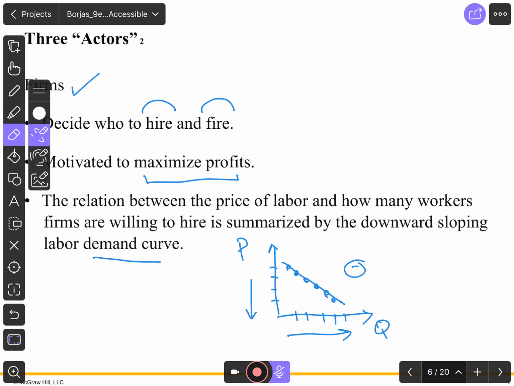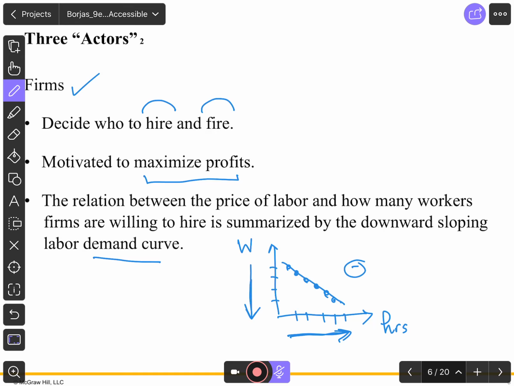Again, I can apply this to the labor market, where this is the wage and this is the number of hours demanded. So the higher, or let's say the lower the wage rate in the market, the higher the demand for hours worked by the workers. Let me rephrase this because I feel like I said it in a confusing way.